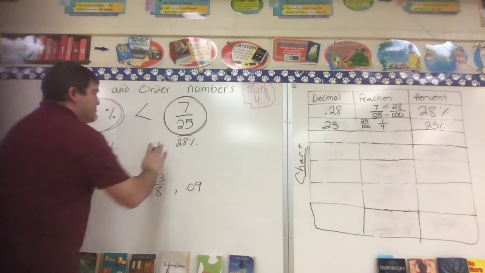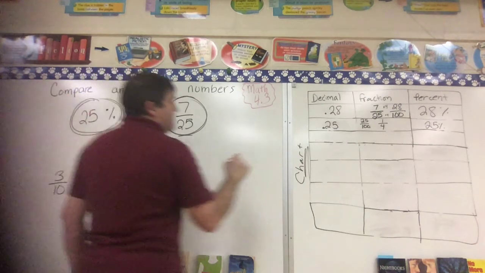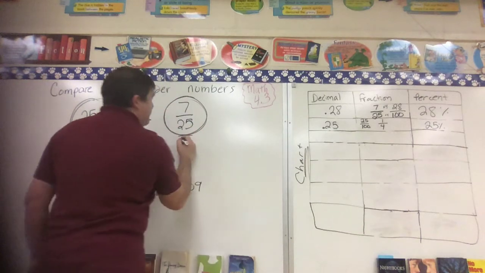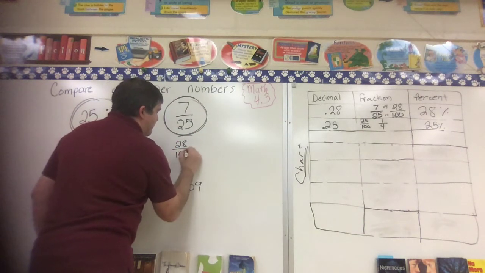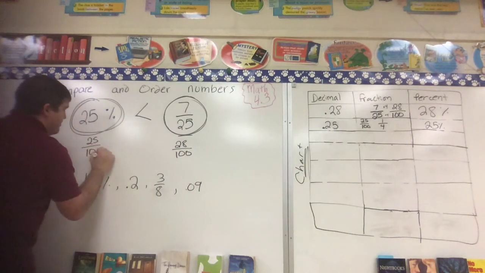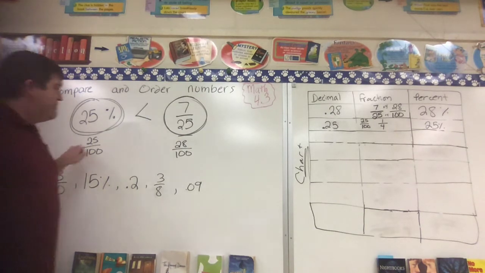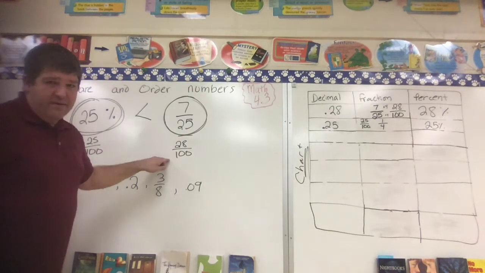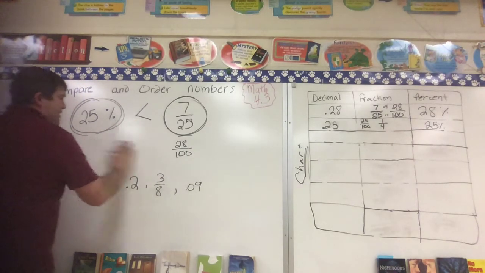Let's see if that holds true with all of them. Maybe I wanted to go to a fraction. So the 7/25 is 28 hundredths, and this would be 25 hundredths. And then I say, if I have 25 out of 100, is that less than 28 out of 100? Yep, so that too is right.